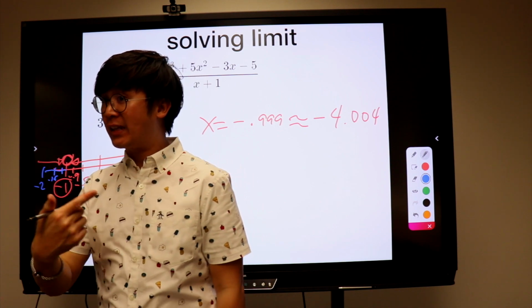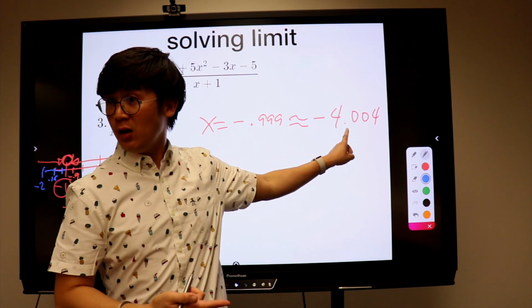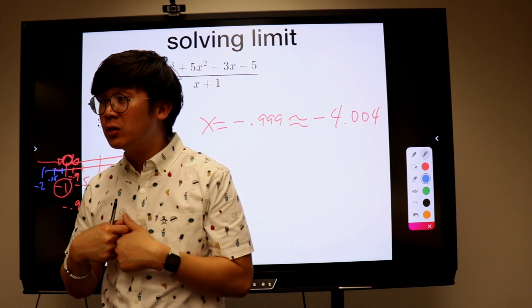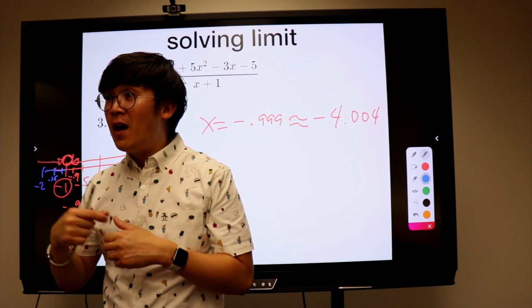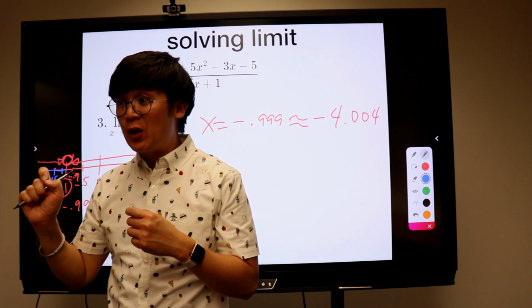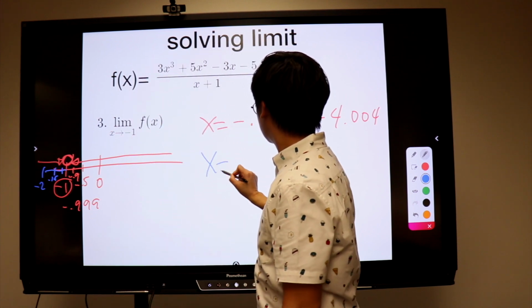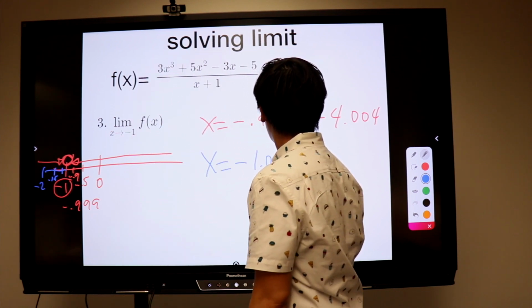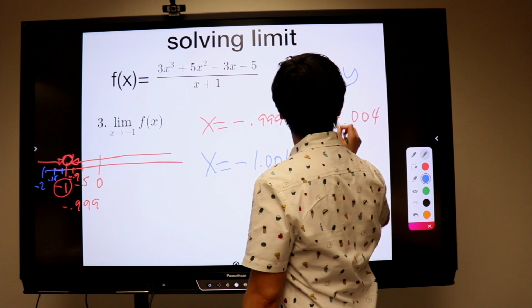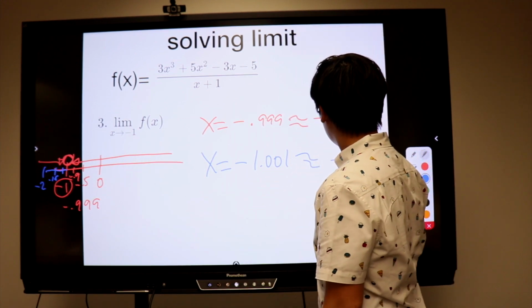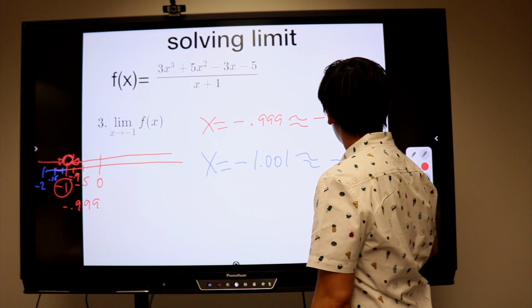Is it getting closer and closer to negative 4? Now move a little bit closer then. What number are you going to use? Negative 1.001. Okay, do that. What is the value now? Negative 3.996.